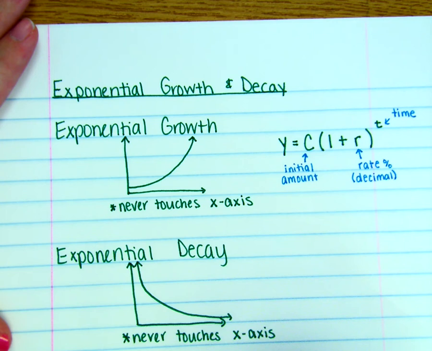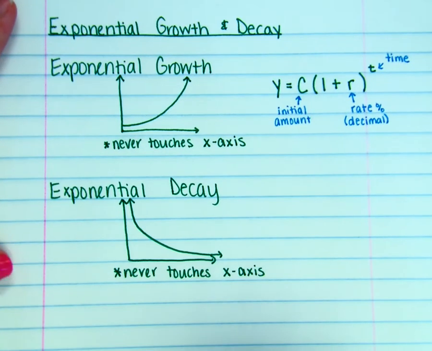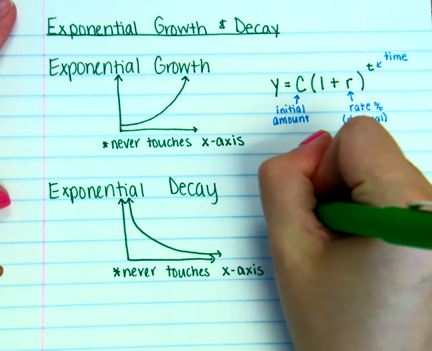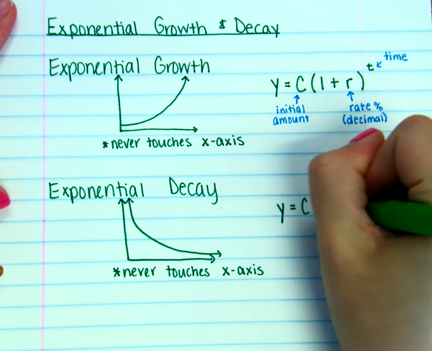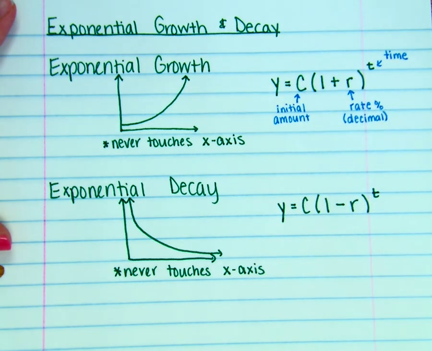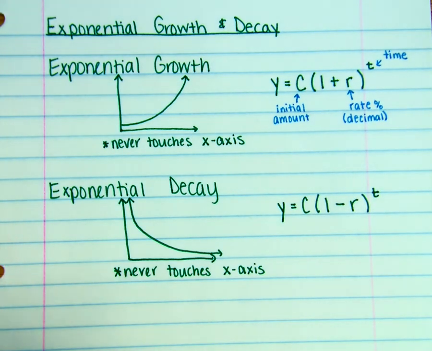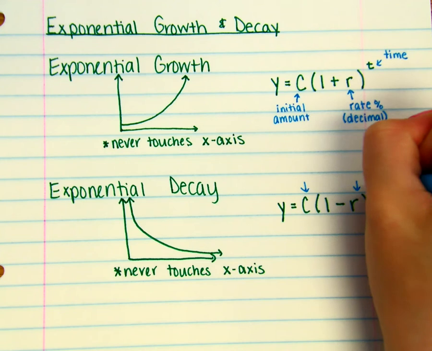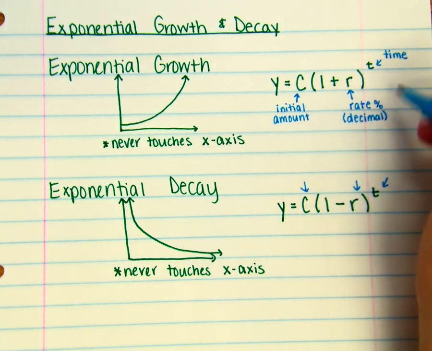So it gets really, really close down here, but it never touches that x-axis. Our formula for exponential decay looks very similar to the formula above, only it's 1 minus r to the t. These letters here, the c, the r, and the t, mean the exact same thing that they did above.